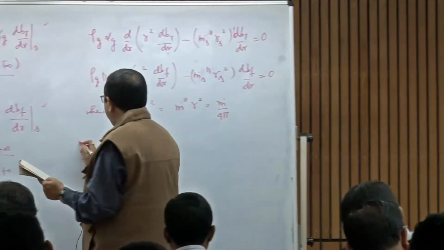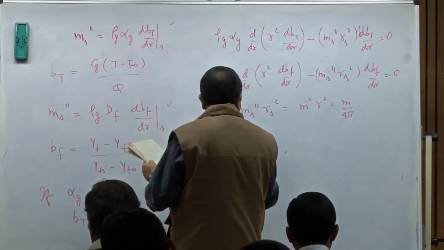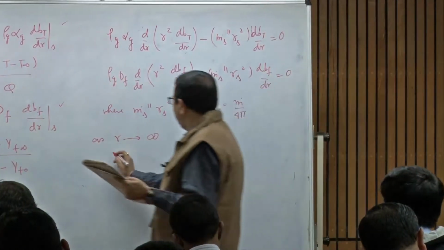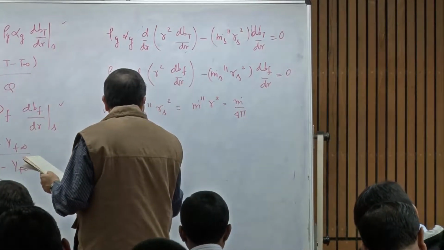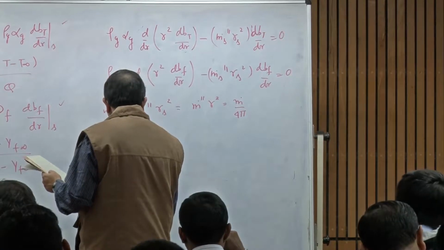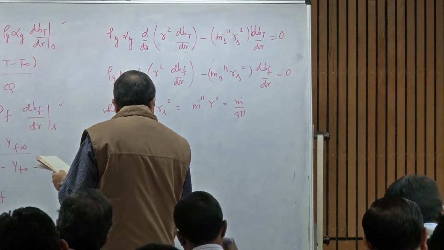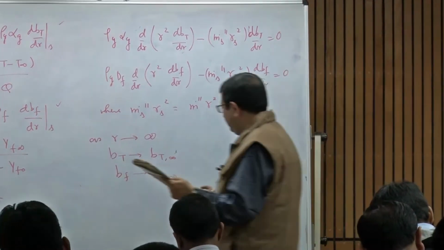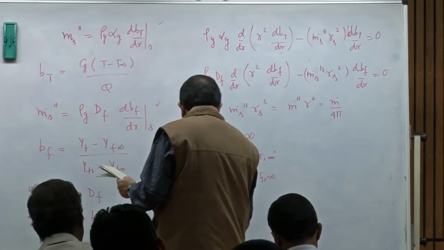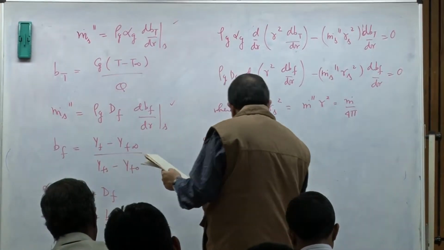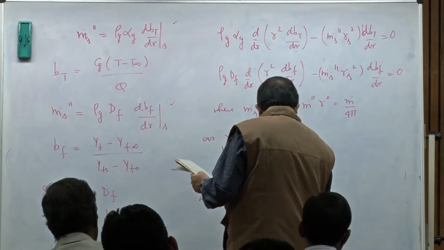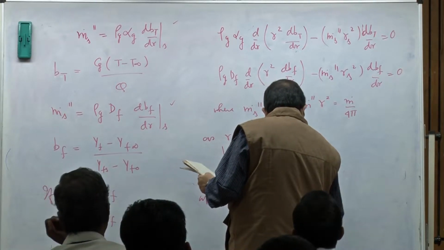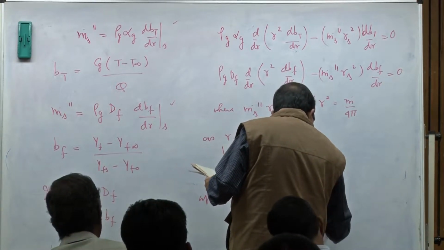Now, as we go to the far field and r tends to infinity, then B t tends to B t infinity and B f tends to B f infinity, and at the surface r equal to r s, B t equal to B t surface and B f equal to B f surface, but these are still unknowns.